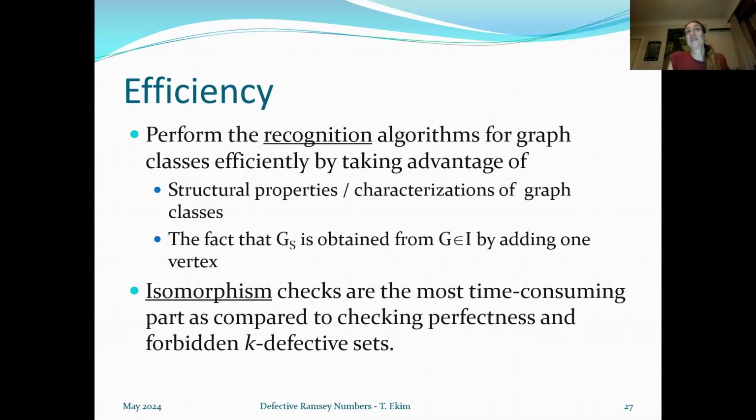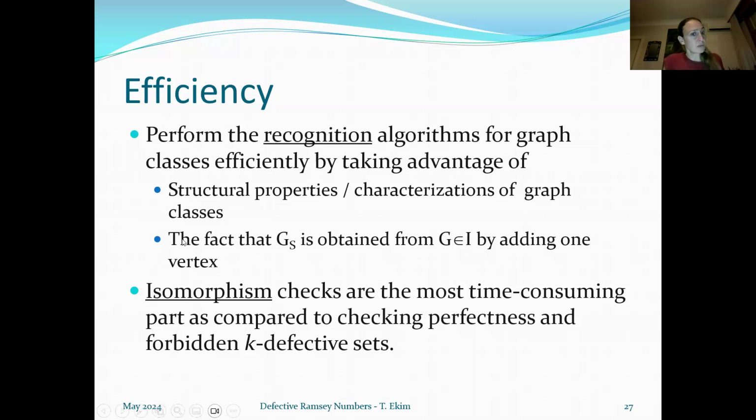And we can even skip the recognition phase if we make sure that we only generate graphs belonging to the class, but we also need to make sure that we generate all of them. We don't miss any. So this requires very powerful structural characterizations of the graph classes that come from structural graph theory.